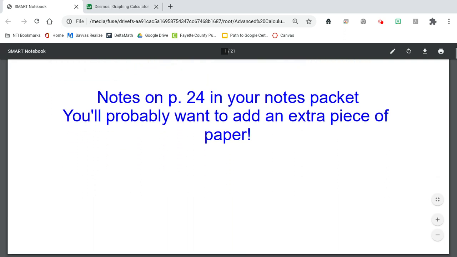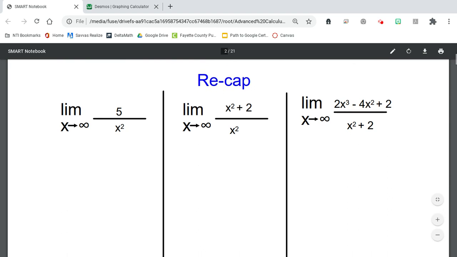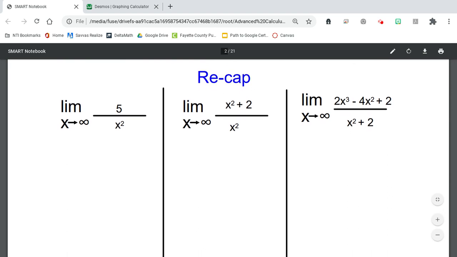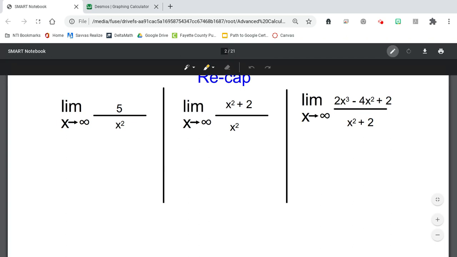So let's build on that reasoning from the last lesson where you were trying to identify the limits as x approaches infinity of functions that looked like this. So the first one, the limit as x approaches infinity of 5 over x squared, you would get that limit to equal 0 because the degree in the denominator is higher.